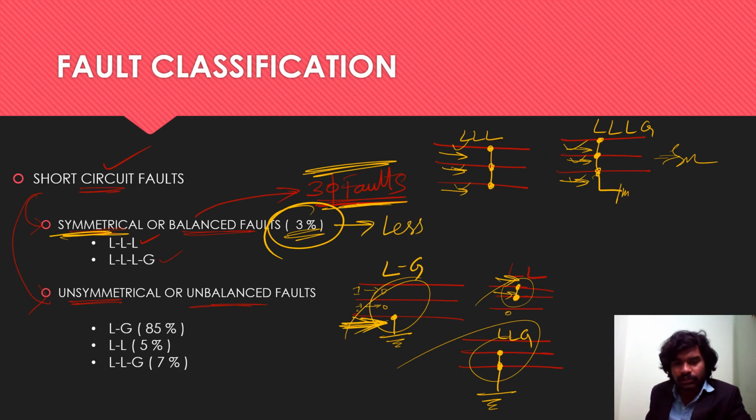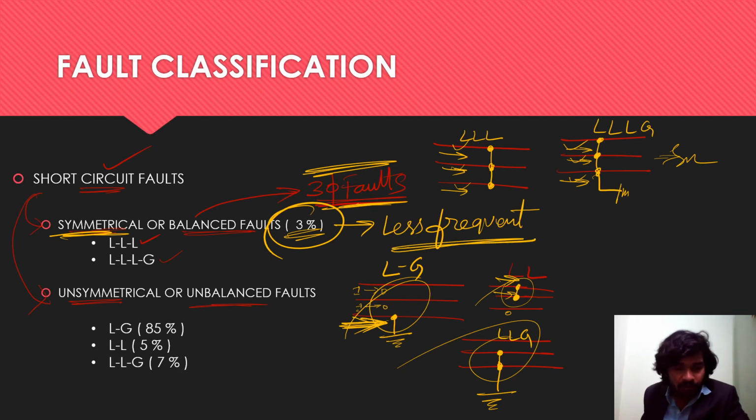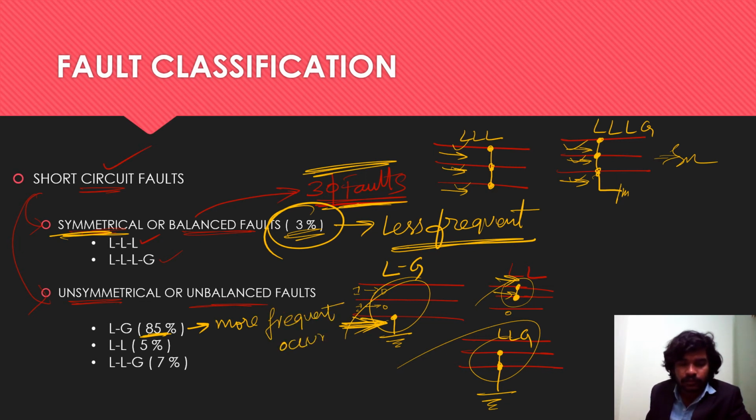You can also say they are less frequent faults. They don't occur very frequently in a power system. What occurs more frequently is the unsymmetrical fault, which is the LG fault. This is the most frequently occurring fault.